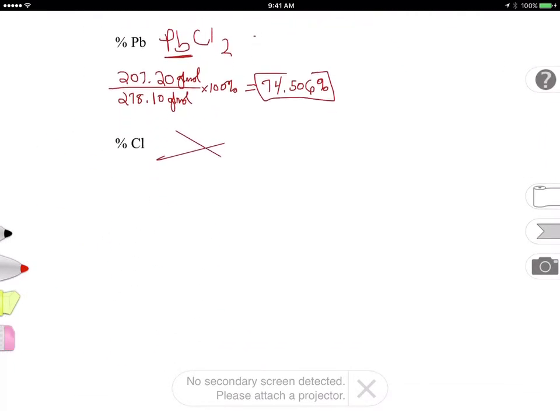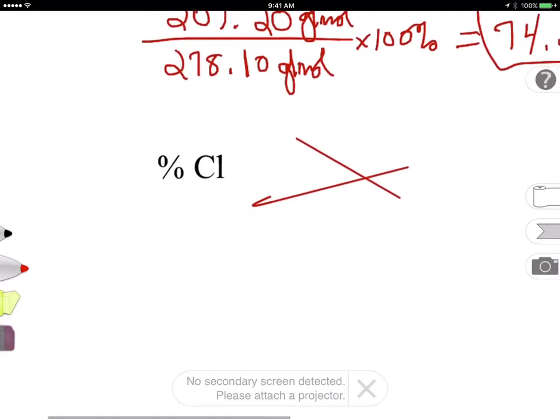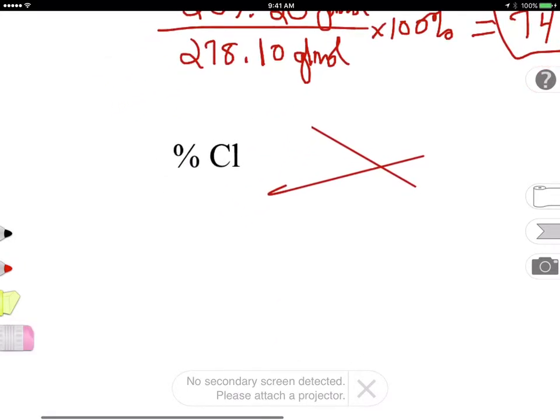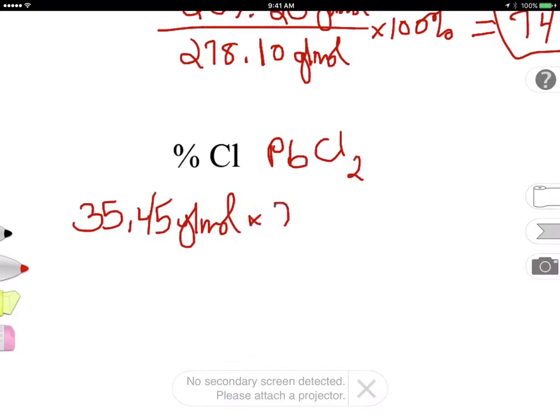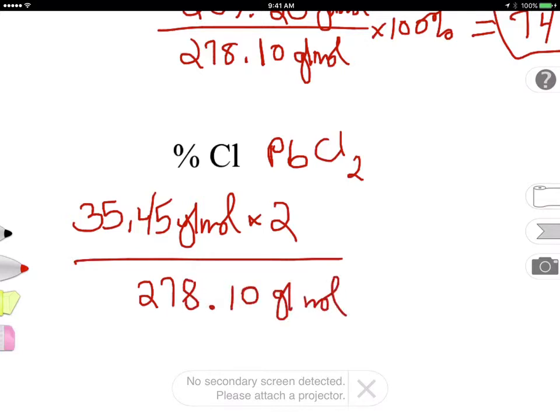for the percent of chlorine, and I will get rid of these 2 wacky lines here if I can. So we've got in our formula PbCl2, okay, so since there's 2 chlorines, chlorine is 35.45 grams per mole, I'm going to multiply that by 2 and then do the division of the 278.10 grams per mole.